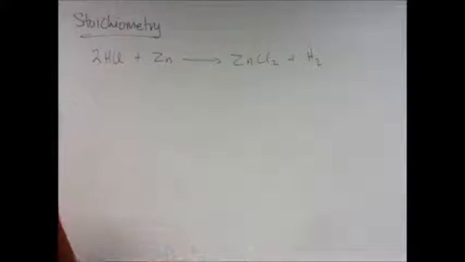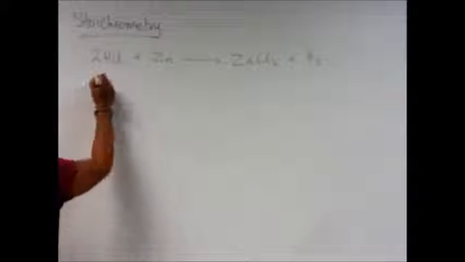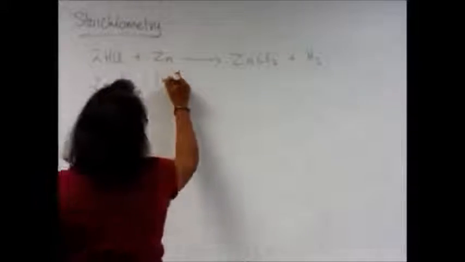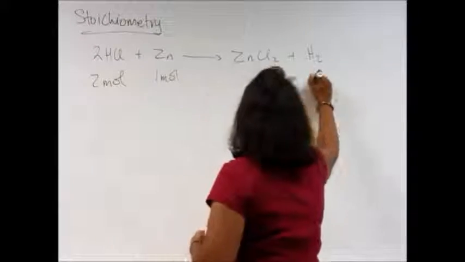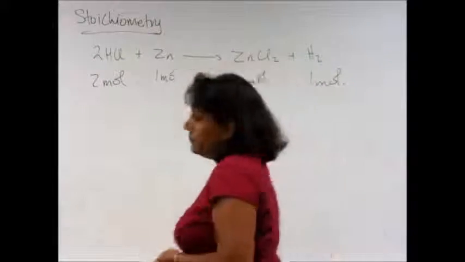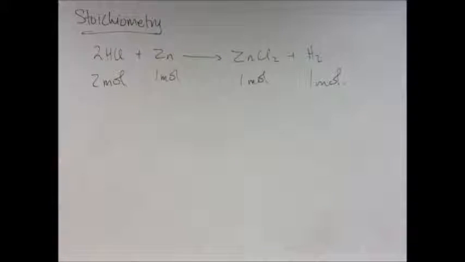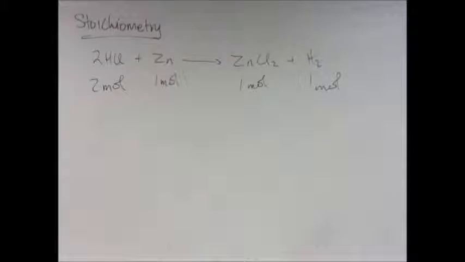Let's go back to the equation, and let's write 2 moles, 1 mole, 1 mole, and then 1 mole. This is our mole ratio. This is kind of like making the sandwich, where you decide how much of something you need in order to carry out this reaction as efficiently as possible.